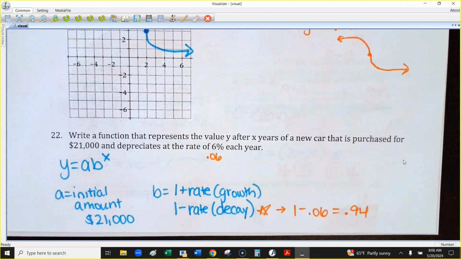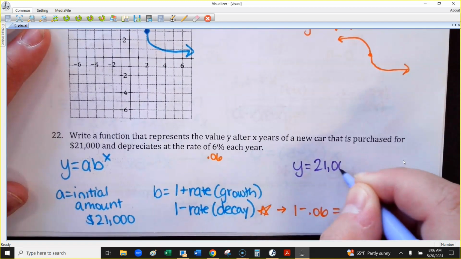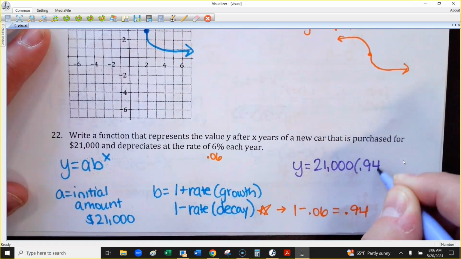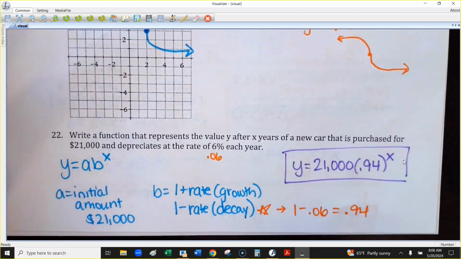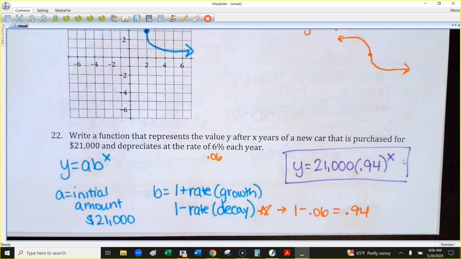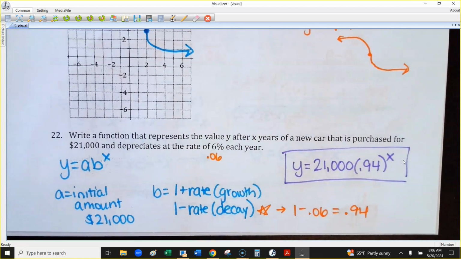So to write your general equation, we should have a y and an x. So we're going to have y equals 21,000 times 0.94 to the x. It doesn't ask us to calculate the amount or anything like that. It just asks you to write the equation. So you've got to decide growth or decay, 1 plus the rate, 1 minus the rate. The value of the vehicle is the A value.